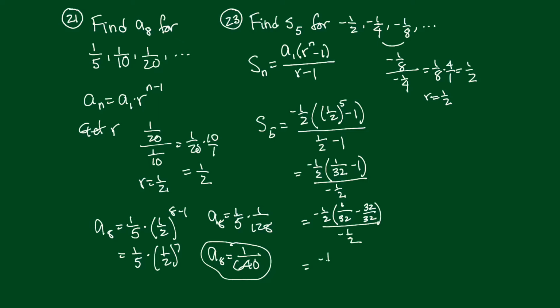So now this becomes negative 1/2 times, now 1 minus 32 is negative 31 over 32, over negative 1/2. Now it looks to me like these 1/2s are going to cancel, and I think we're going to be left with this. S sub 5 is what? What's left? Just that negative 31 over 32? Negative 31 over 32.